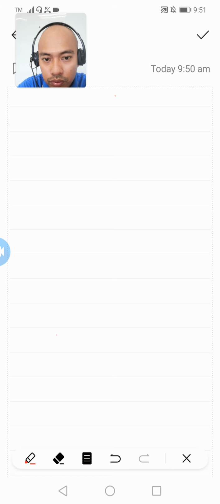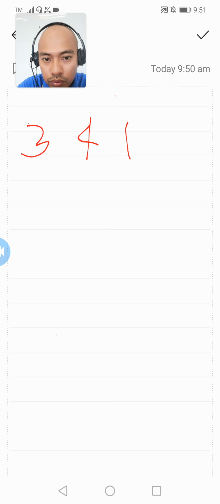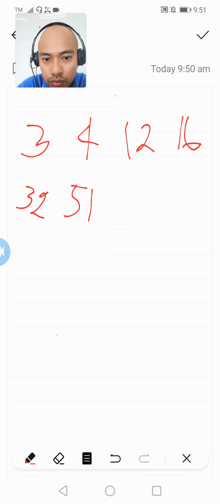So let's say, for example, this is our data. We have 3, 4, 12, 16, 32, 51, 39, 10.